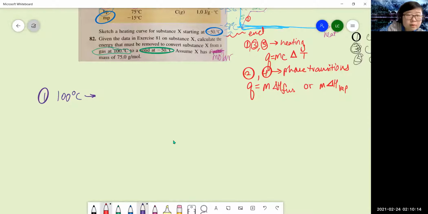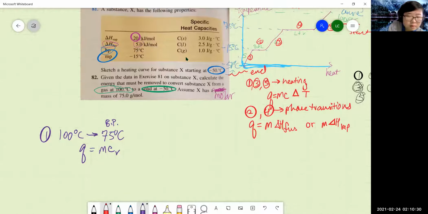And our phase transition is at 75 degrees Celsius. This is our BP. We're going backwards. So basically, you have Q equals MC of vapor or gas, whatever they say. Oh, it says gas. So of gas, delta T. And then, it's just the mass is given here. Oh, you'll assume conservation of mass.